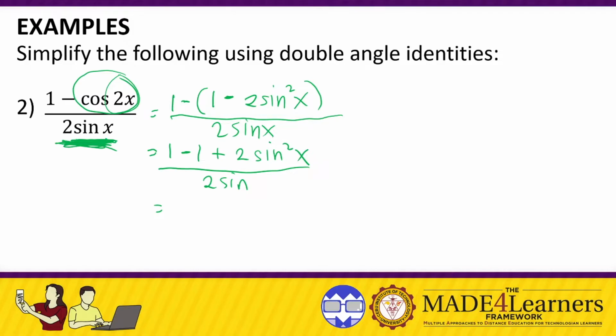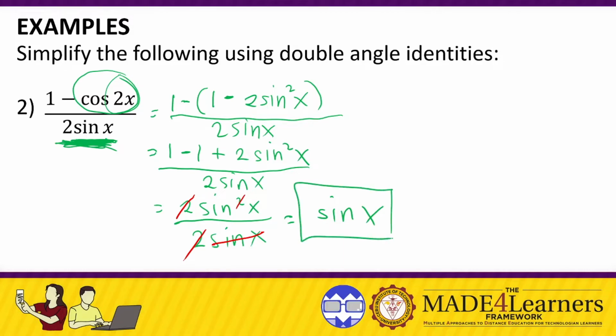Then 1 minus 1 is 0, so we'll have 2 sine squared x all over 2 sine x. Then we can cancel out the squared, cancel out sine x, and cancel out 2, so we'll have sine x. So number 2 is simply sine x.